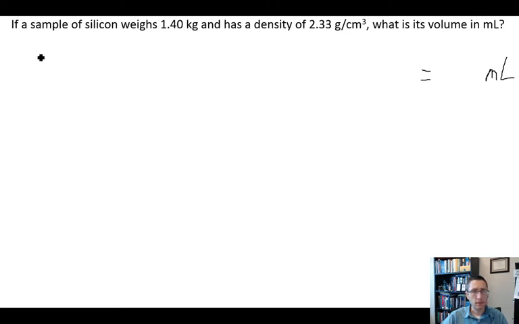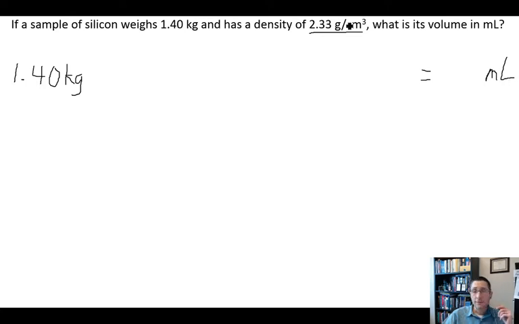Okay, what am I given? Well, I'm given a weight and a density, but you'll remember this density, often said in class, can be used as a unit factor. What we're told is this sample weighs 1.4 kilograms. Okay, that's what's going to go on the left here. Now somehow I have to get rid of kilograms and end up in milliliters.